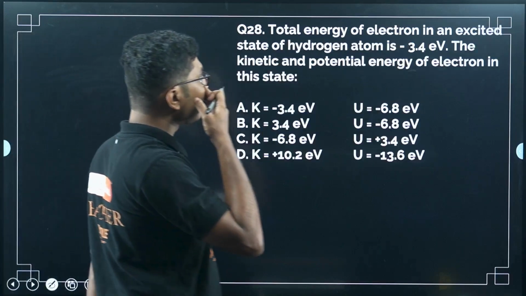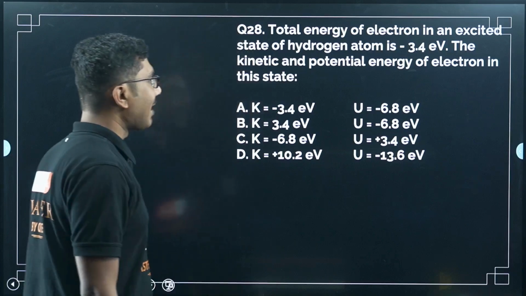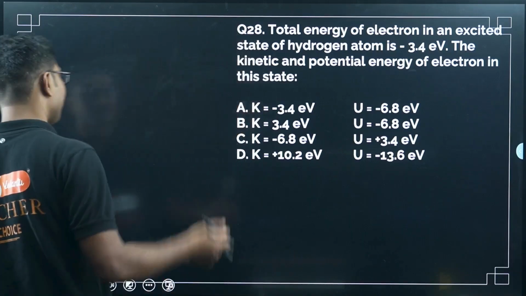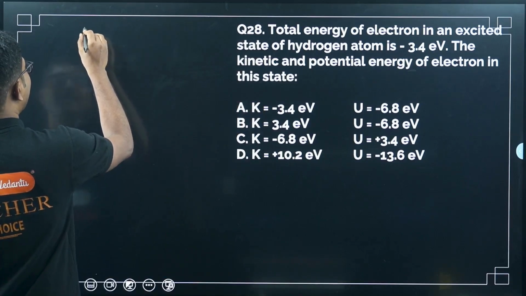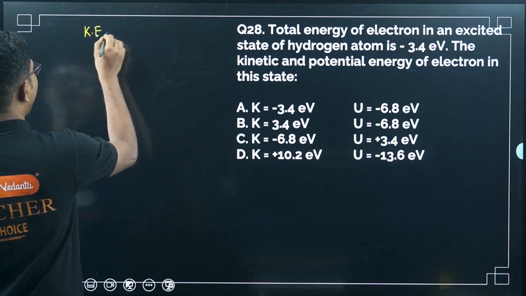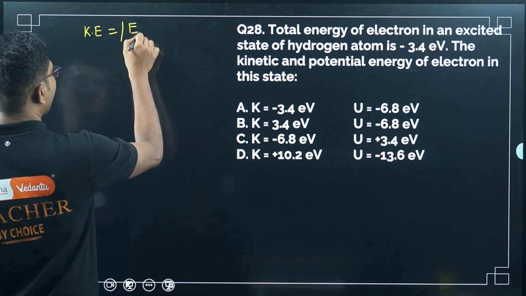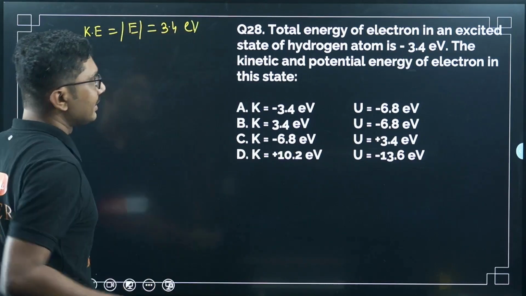Now the total energy of an electron in an excited state of hydrogen atom is minus 3.4 electron volt. What are the kinetic and potential energy of the electron in the state? So we already used this formula that kinetic energy is the modulus of total energy, that is 3.4 eV in this case, right?